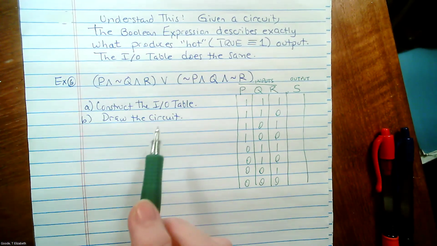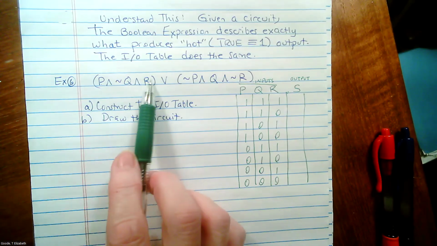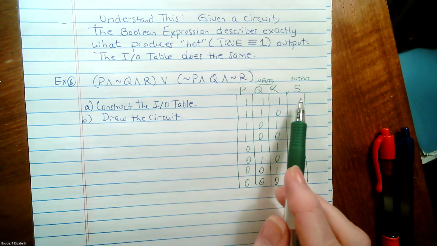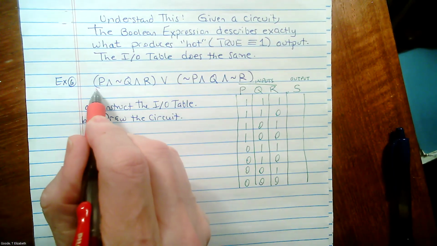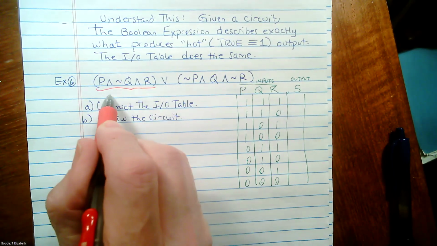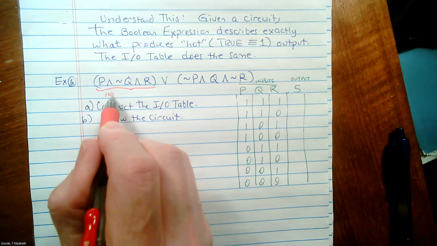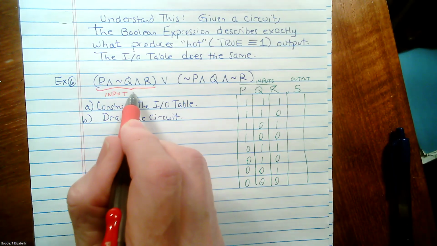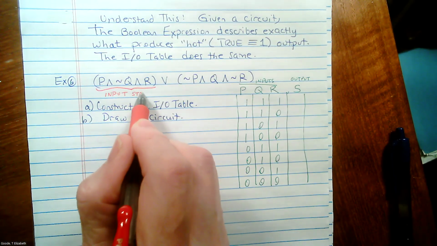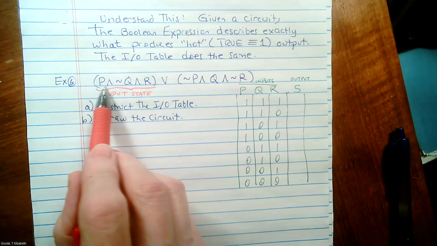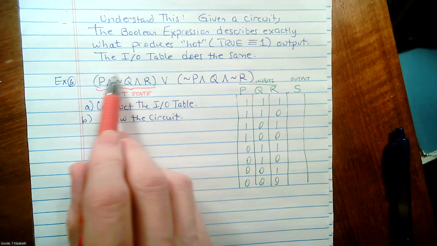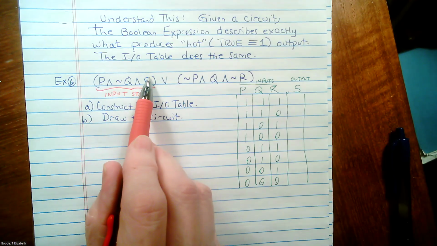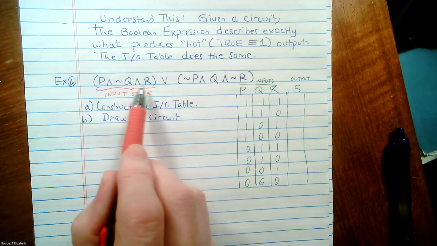Now, we can read off exactly which rows will have hot output because this is a complete description of the input state. If this happens, P and not Q and R, if this is what's input to the circuit, then we want hot output.